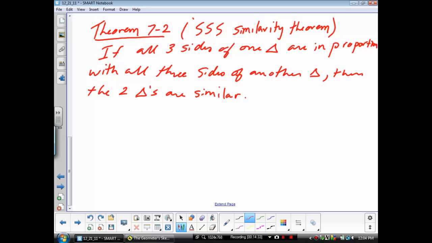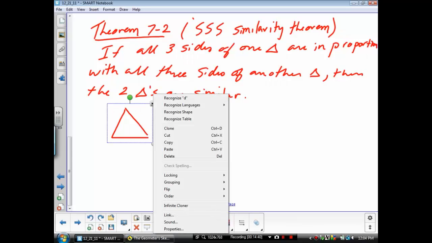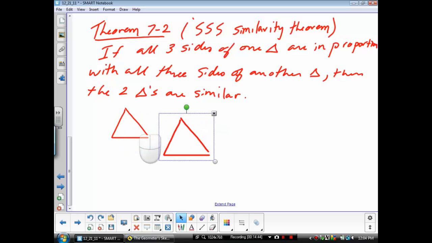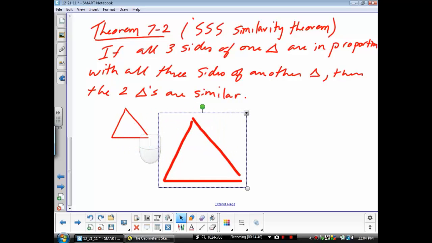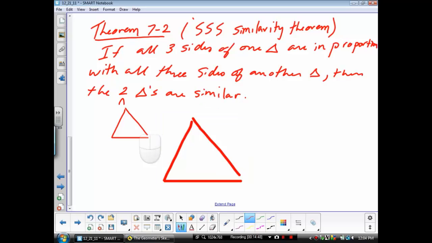So again, we're going to have two triangles. What we're going to know about these two triangles is that their sides are in proportion. So triangle ABC, triangle DEF. And this proof follows the other one.